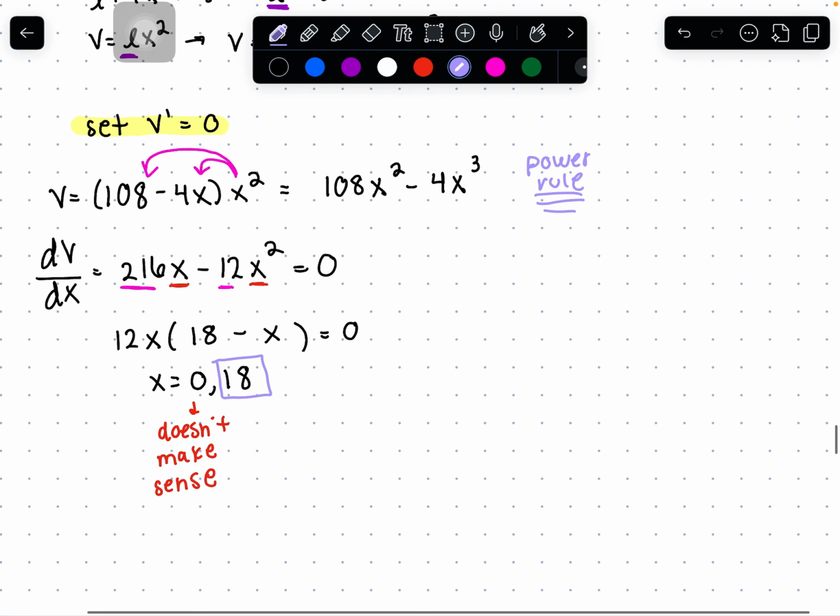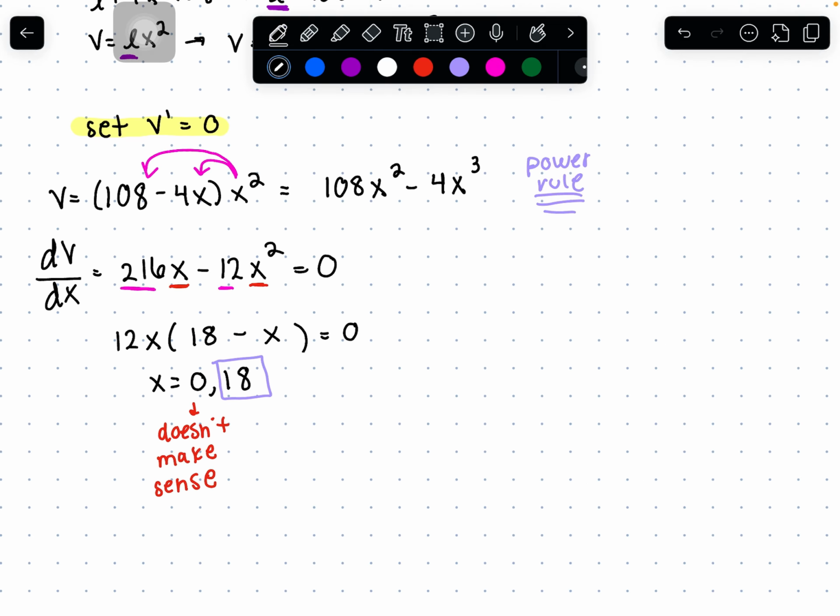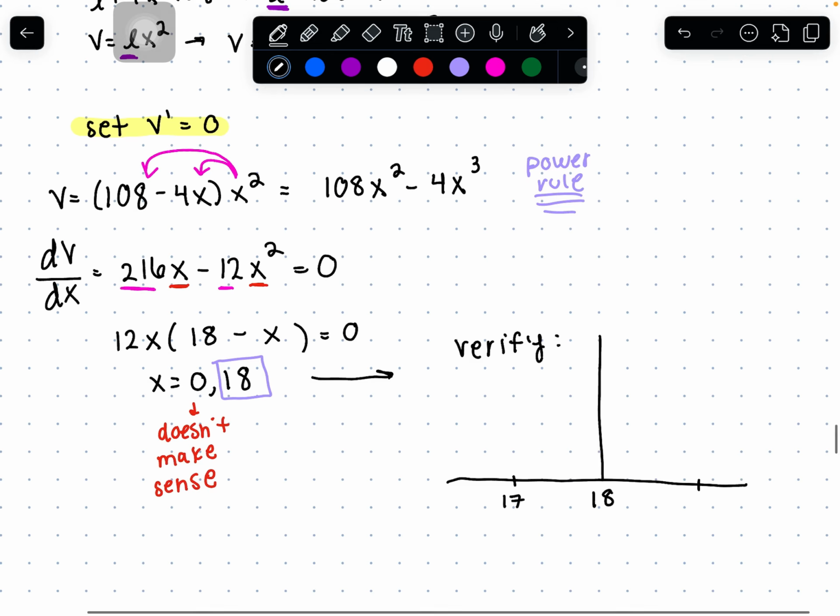Okay? So first we want to verify that this would be a maximum for our volume. So how we do that is we see what happens to the volume if my x value was slightly smaller, and what happens if it's slightly bigger.